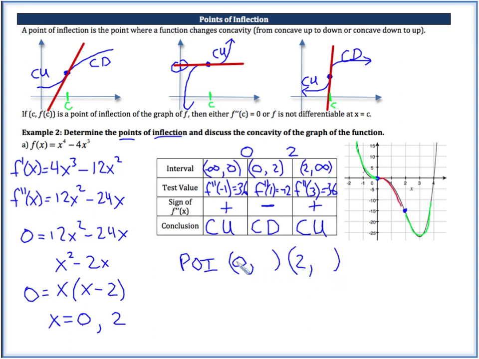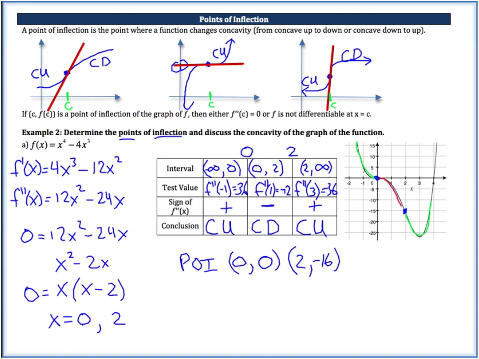If we plug these back into our function, 0 to the 4th minus 4 times 0 cubed equals 0. And if we plug 2 in, we get 2 to the 4th minus 4 times 2 cubed, and that is -16. So we do get our 2 points of inflection right here.